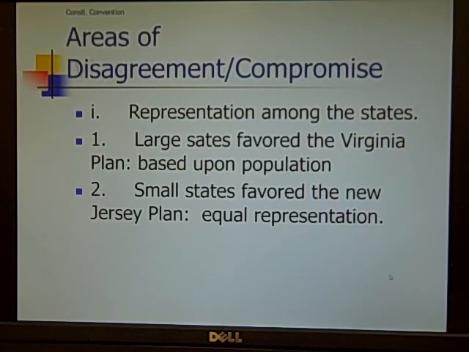When you look at representation among the states, okay, this is where we get into some of these areas of disagreement. Understand that, and it's kind of comical because it's the opposite of today, right? So when you look at the United States today, there's a massive urban population center that basically runs from Boston all the way down to Washington, D.C. Okay?